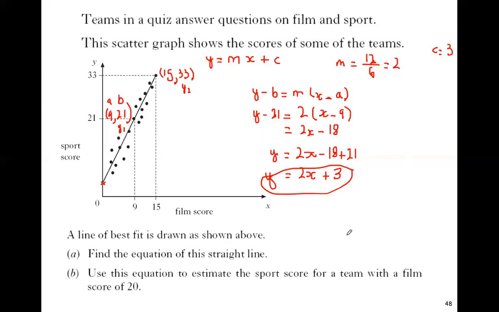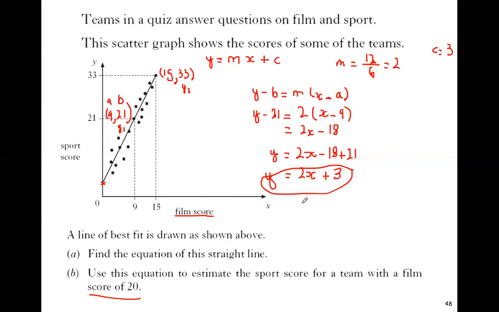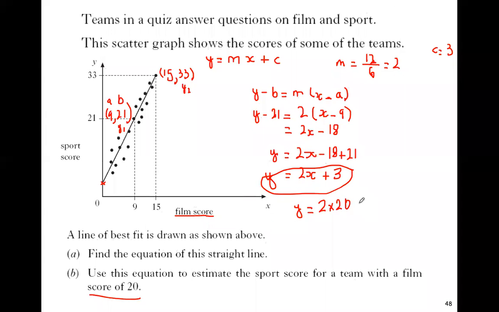Okay. So now if I've got a team with a film score of 20, remember film score is x. So y equal 2 times 20 plus 3, and that'd be 43.